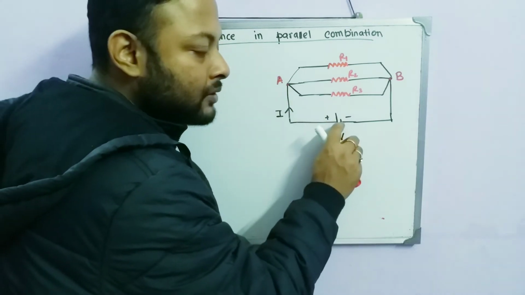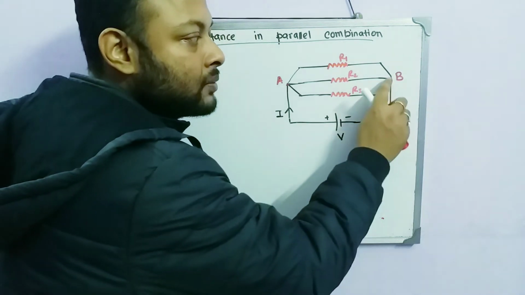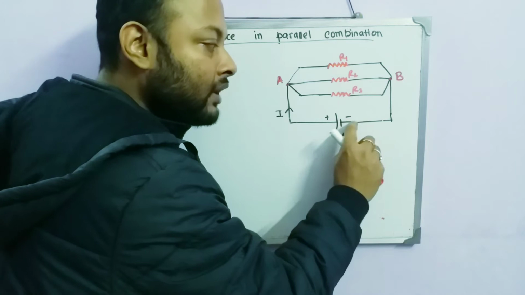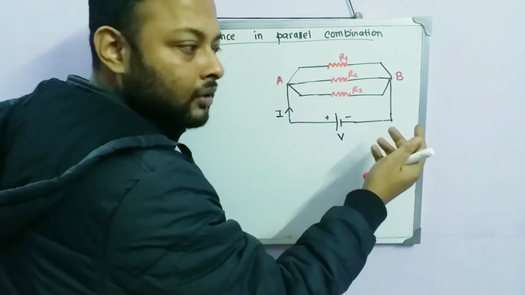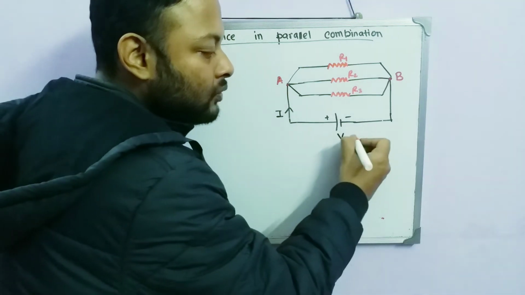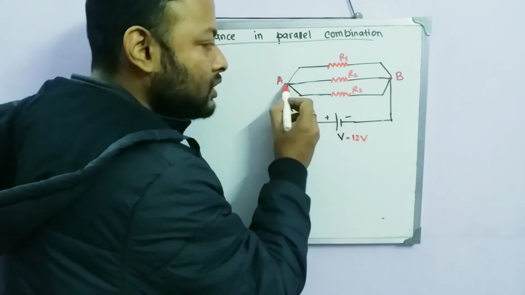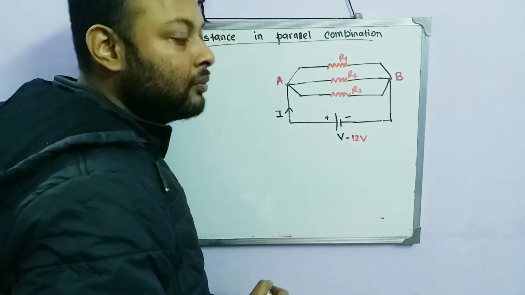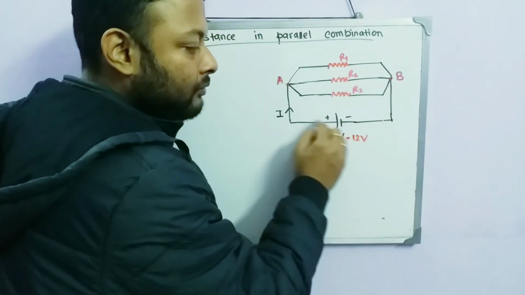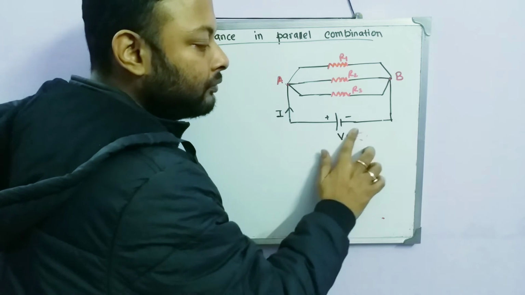The negative terminal is connected across B, and over here also there is no resistance, so no drop in potential. So suppose this V is equal to say 12 volt. Across A and B, that will also be 12 volt only, because it is the same wire with no resistance in between.